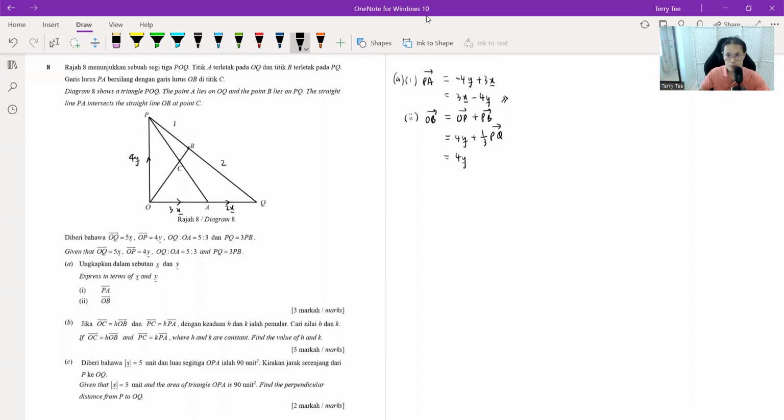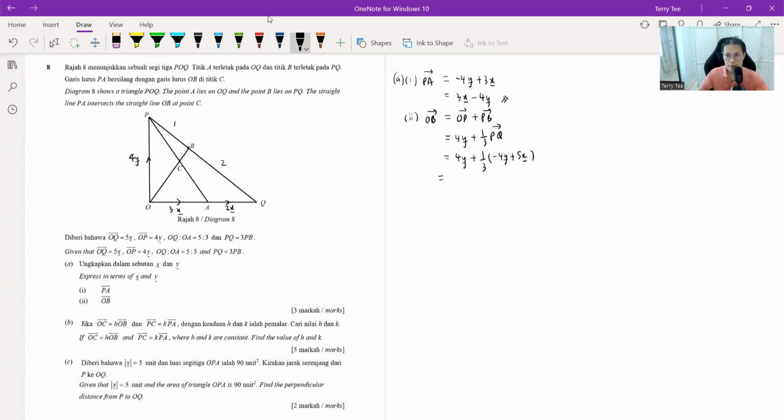So we know PQ. For PQ, I can go Q to O, O to Q. So it's minus 4y plus 5x.